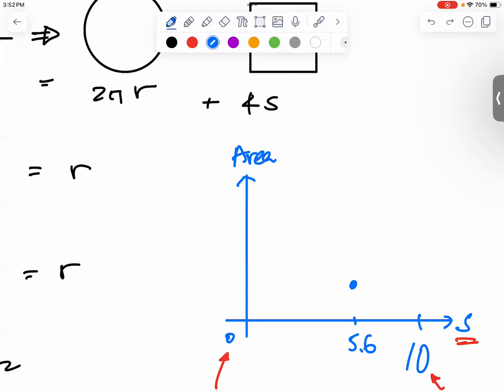There's a very simple feature about quadratics. What do we know about quadratic functions? If we know that this is the vertex, right?